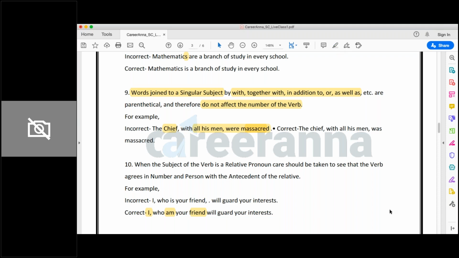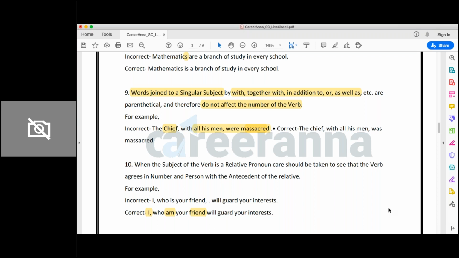I'll type in the chat window. Okay, I, comma, whose purse. I, comma, whose wallet. They who are my friend care about me. Ram, whose watches were stolen, is sad.